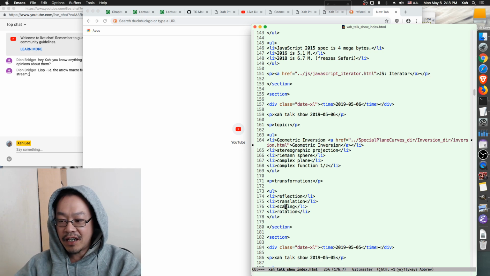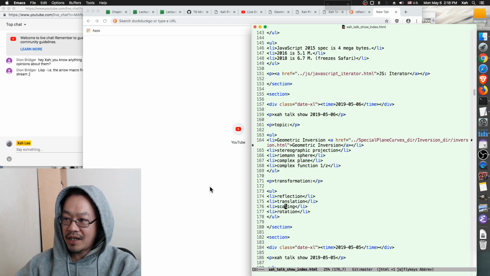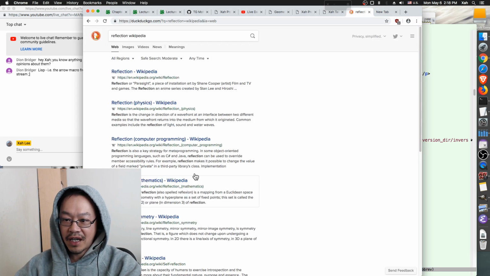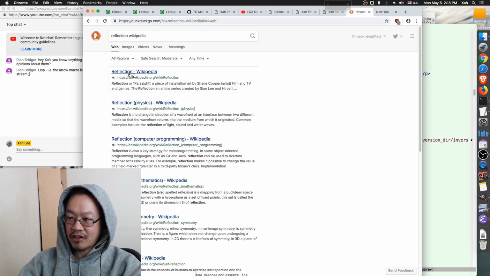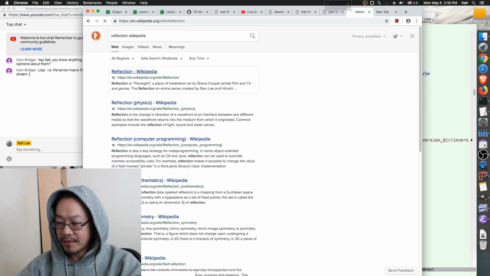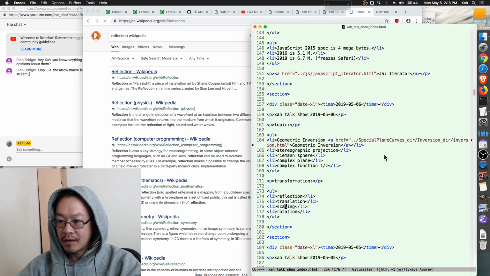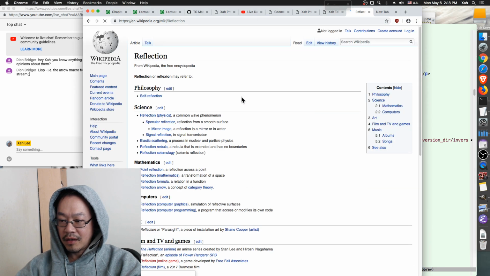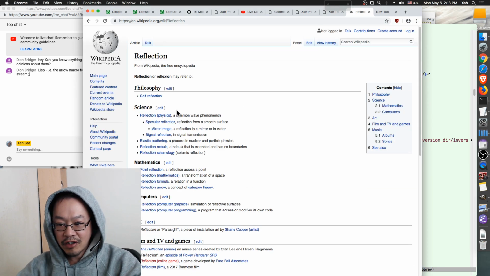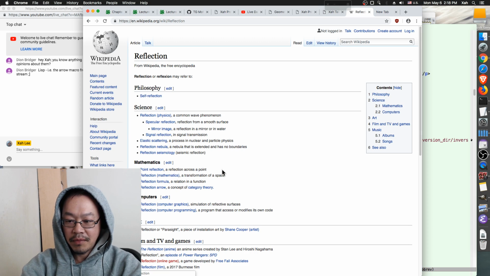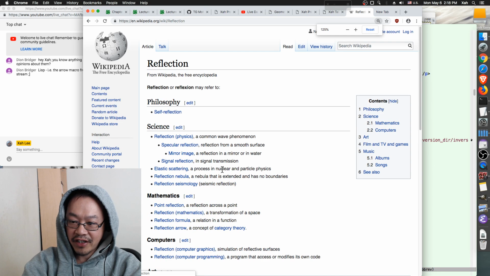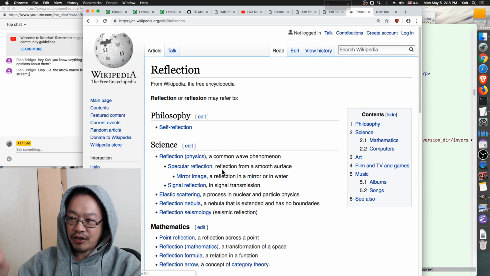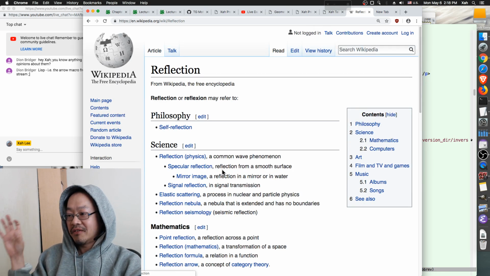And there's scaling. Now of course you know what scaling is. For example, let's go to the Wikipedia article on reflection. Let's magnify. Magnification is actually the geometric process of scaling.